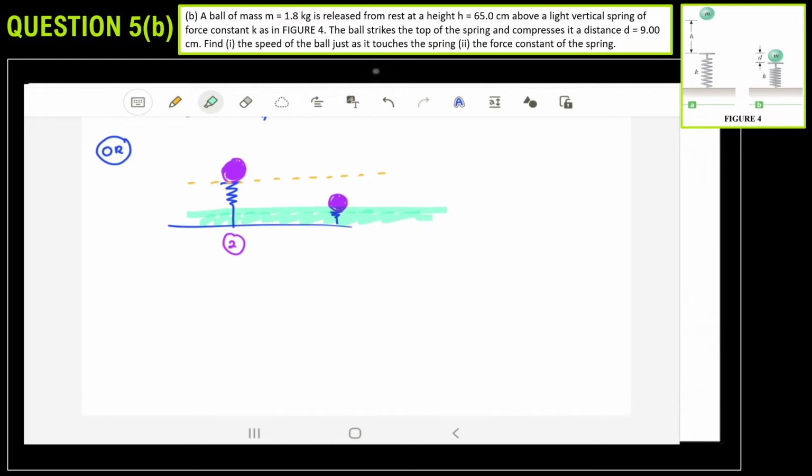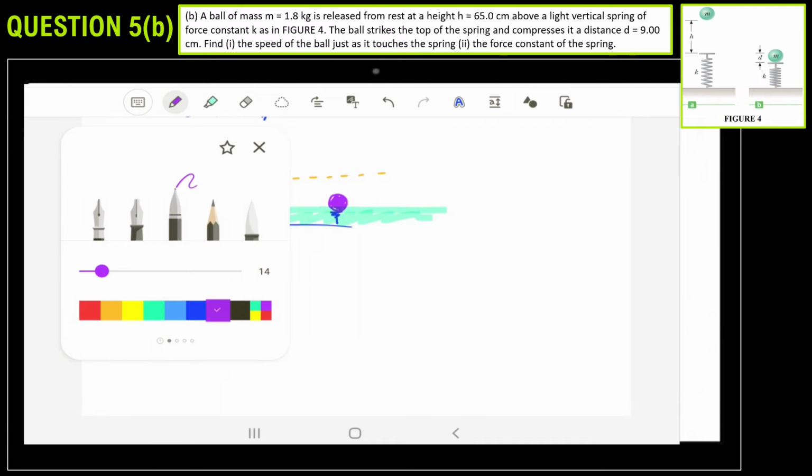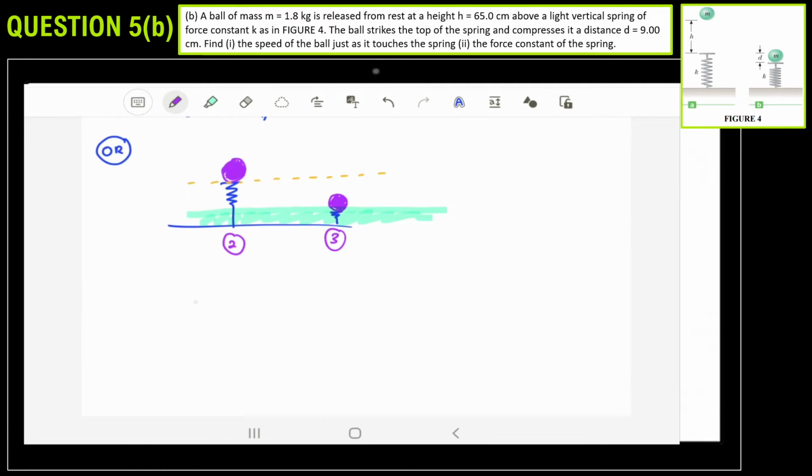Alright. Okay, so this is the third one. Okay, let's say you want to use the total energy at second stage equal to the total energy at the third stage. Pun boleh. But you need to know what type of energy that involved in the second stage. Alright, so here as we know, this is the amount of compression X and it's equal to 0.09 meter, and this is also the height.